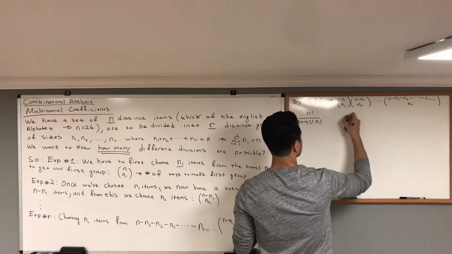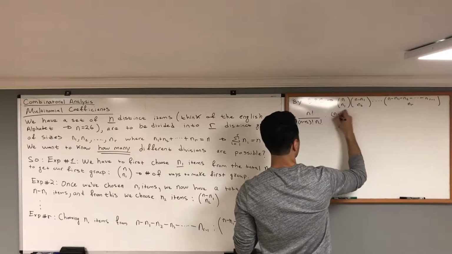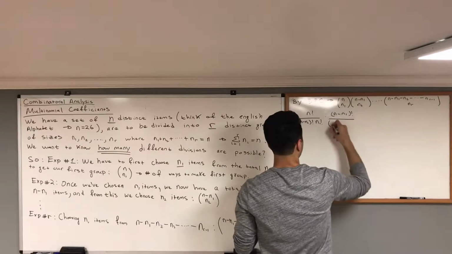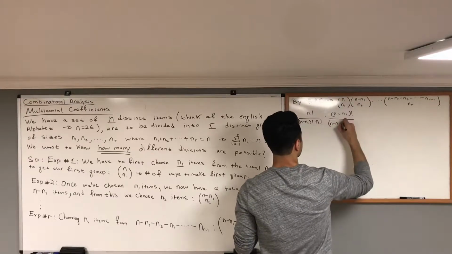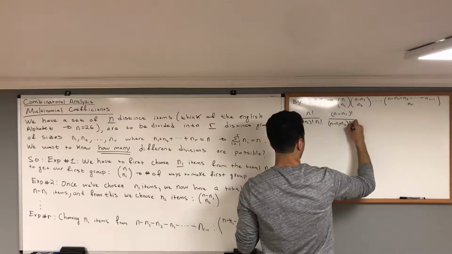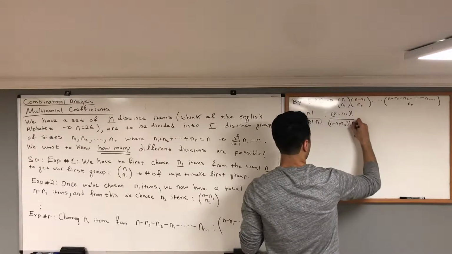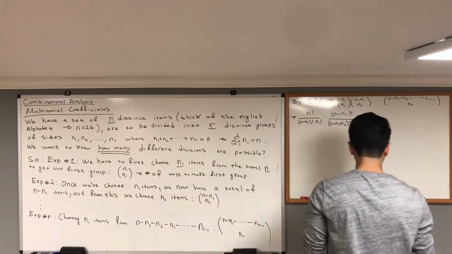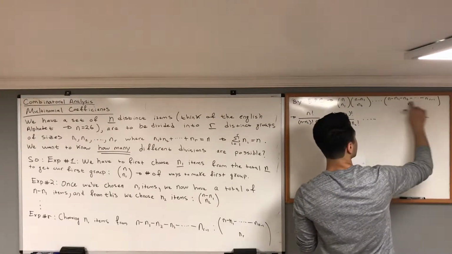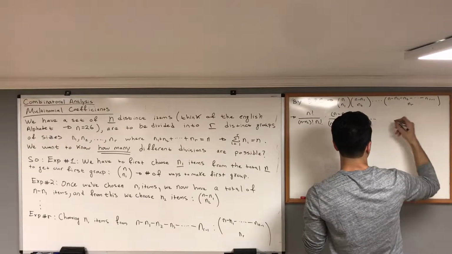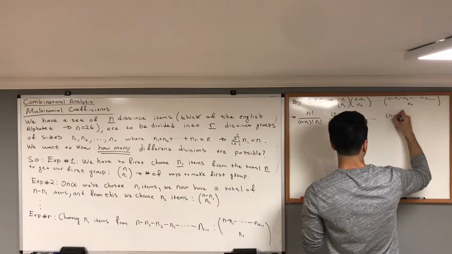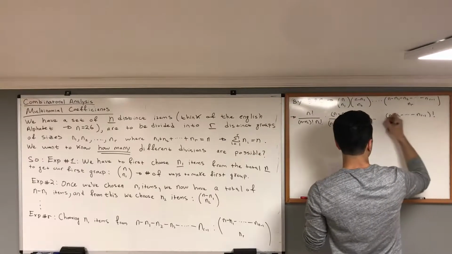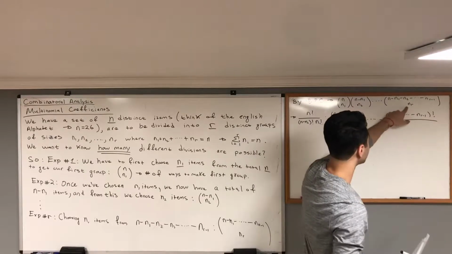Oh, that's just, well, the top is n minus n1 factorial over n minus n1 minus n2 factorial times n2 factorial, times all the way until you reach n minus n1 minus all the way to n(r minus 1) factorial, over this minus this factorial.